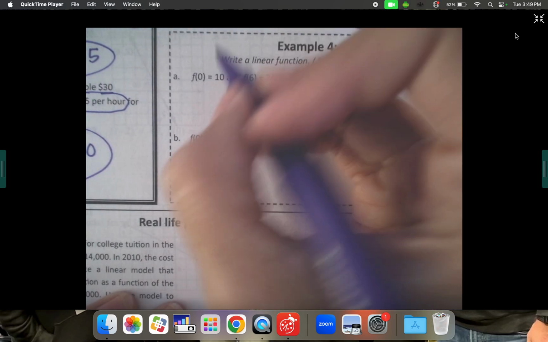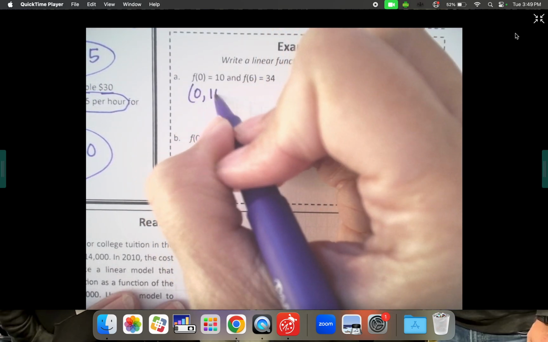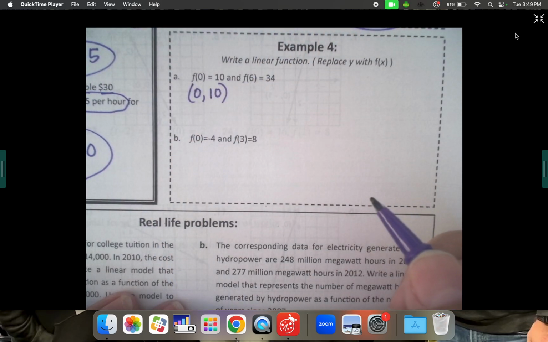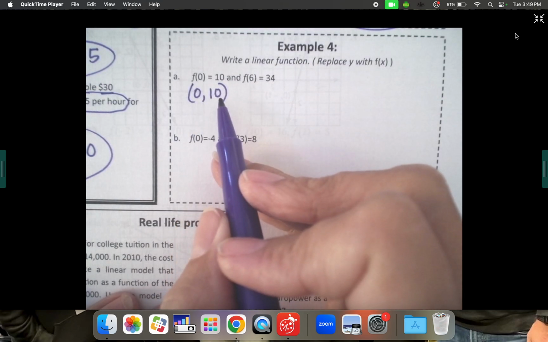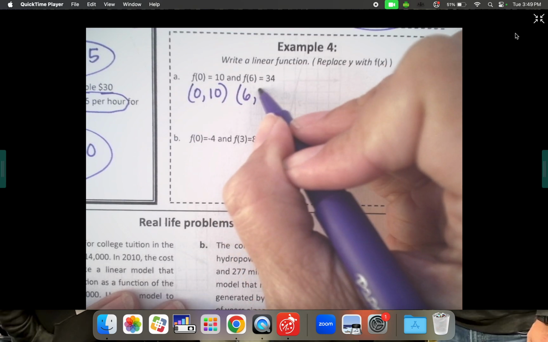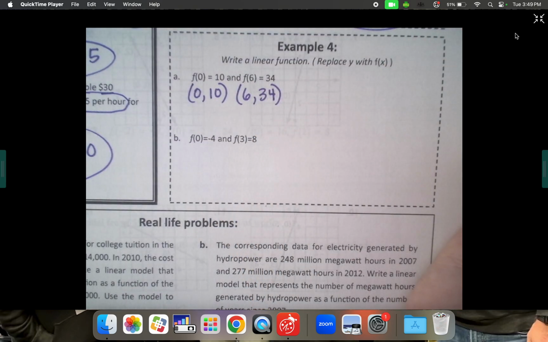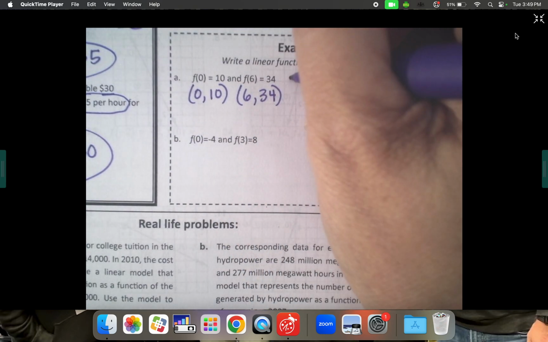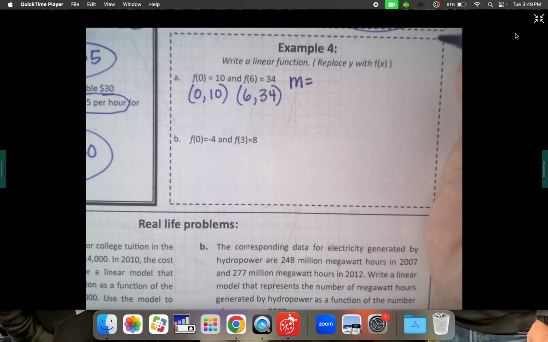All right, if you're going through it with me or just checking your answer, I would quickly turn f of 0 equals 10 to 0 comma 10, and f of 6 equals 34 to 6 comma 34. And then I would first calculate the slope by doing y2 minus y1.